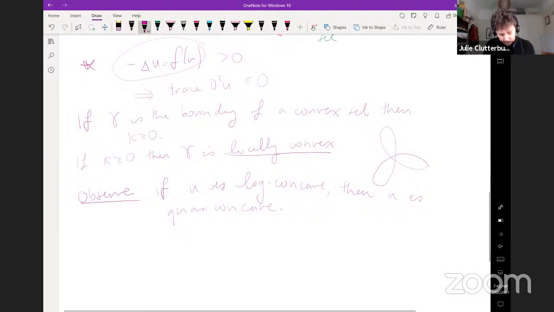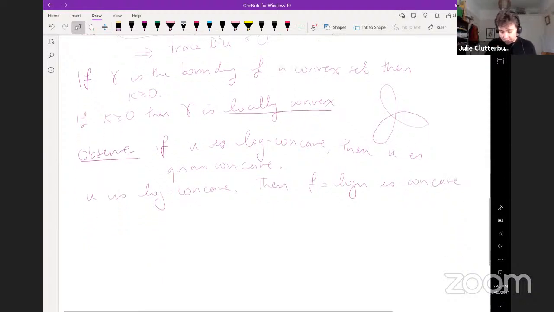So suppose this means that log of u is concave, but we can calculate what's going on with this f equals log u, because we have df is equal to du divided by u.